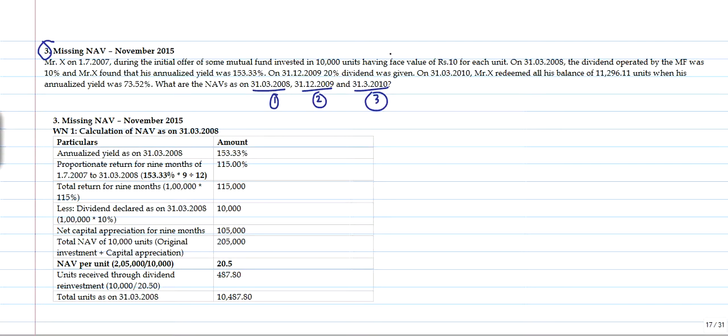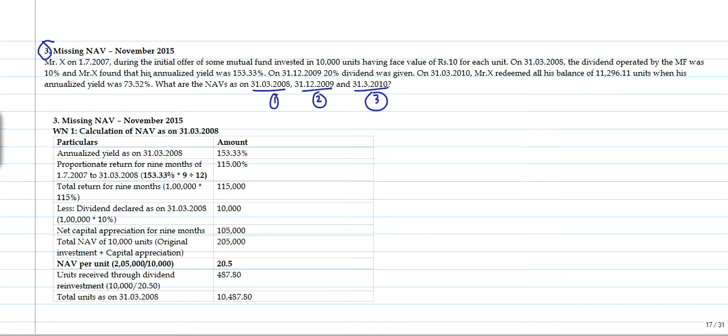That means 1 lakh invested on 1st July 2007. On 31st March 2008, the dividend declared by the mutual fund was 10%, and Mr. X found that his annualized yield was 153.33%.